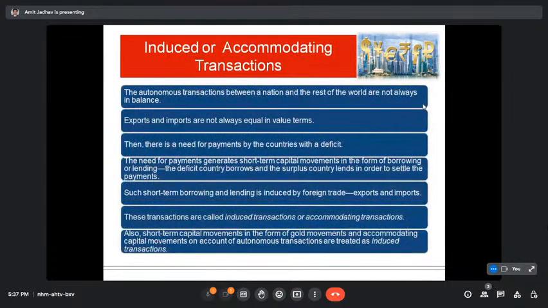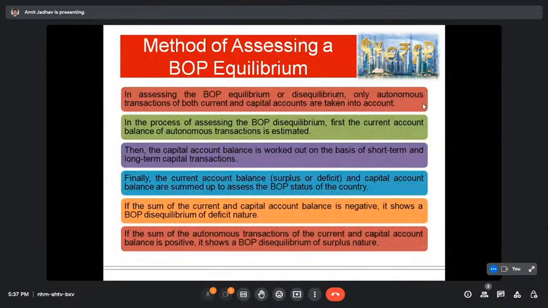Okay. Now we have to move on to the next slide: the method of assessing balance of payment equilibrium. How do we assess the balance of equilibrium? In assessing equilibrium or disequilibrium, only autonomous transactions of both current and capital accounts are taken into account.